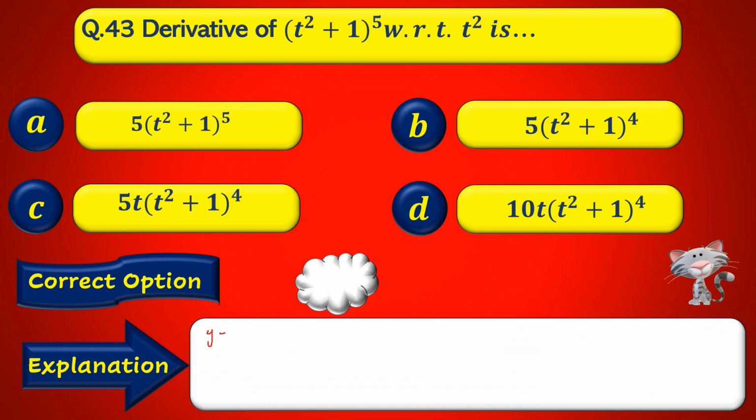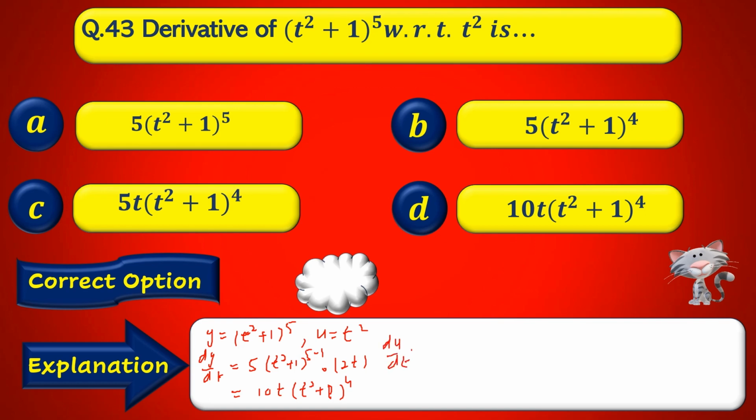Place y is equal to (t square plus 1) raised to power 5 and u is equal to t square. From y find dy by dt, which will be 5 (t square plus 1) raised to power 5 minus 1 into the derivative of t square plus 1, which will be 2t, and we get 10t into (t square plus 1) raised to power 4.